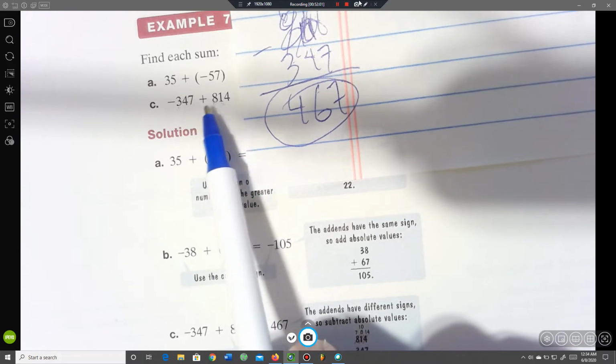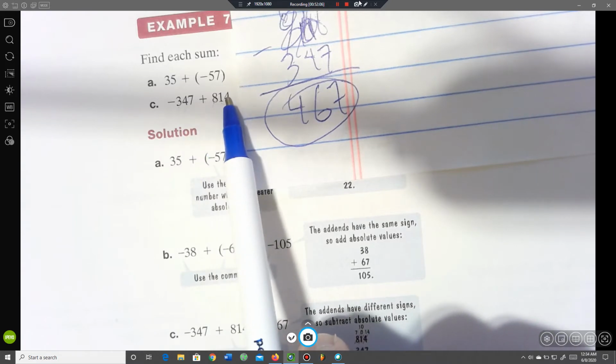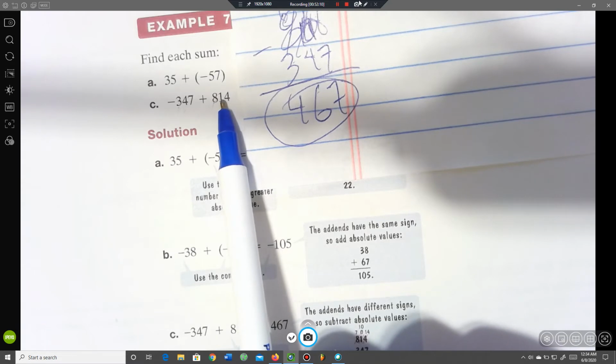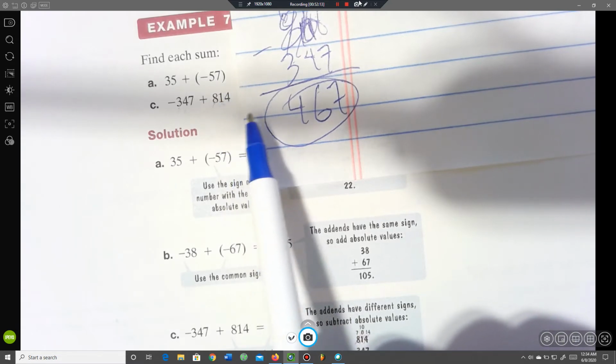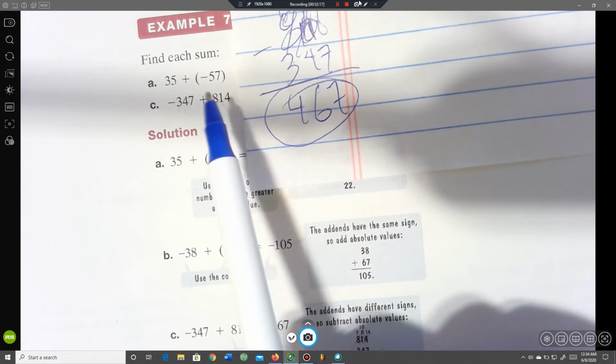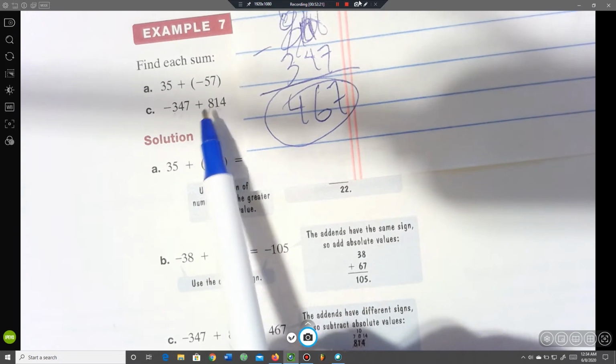47 minus. Well, I thought you could do it. I'm drawing a blank here. What would be the best way to do it? Well, oh yeah, okay. So 800 minus 3 minus 300. That's 500.